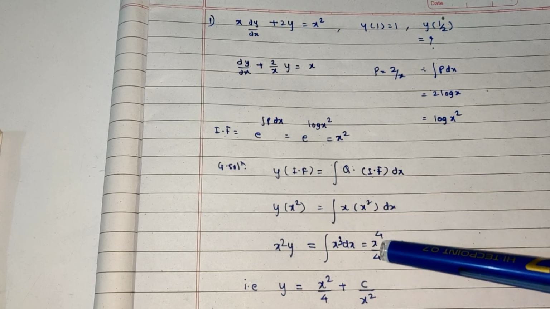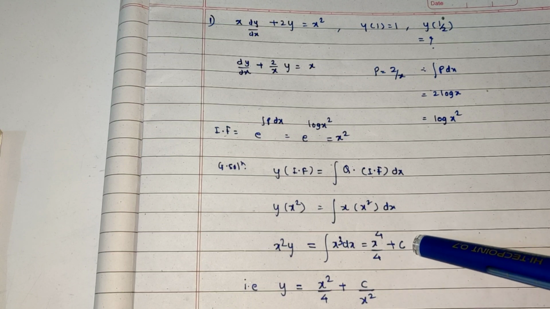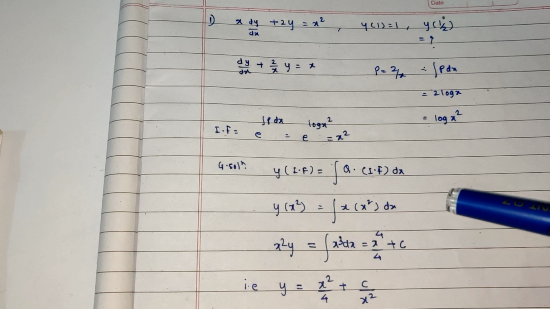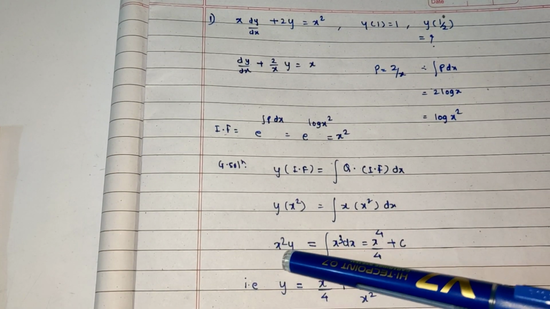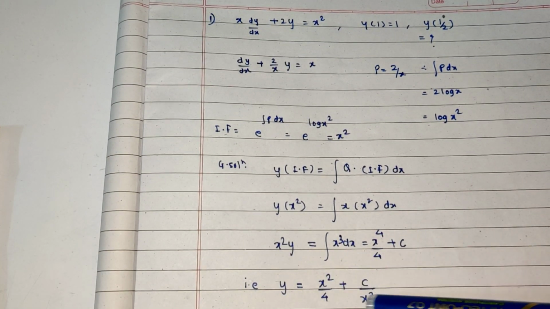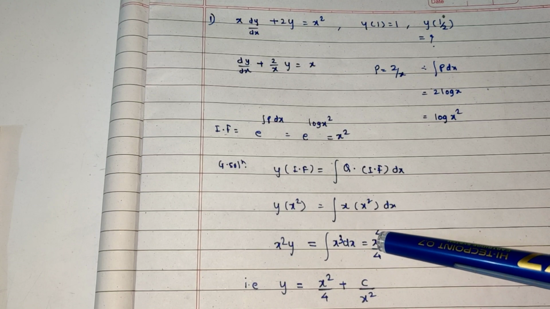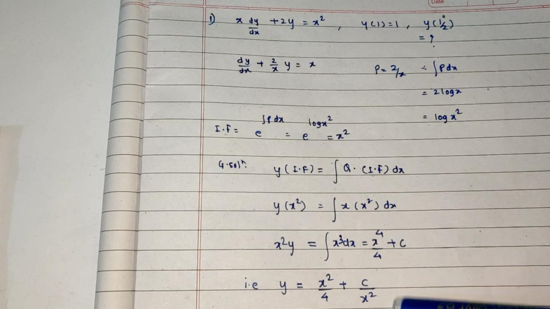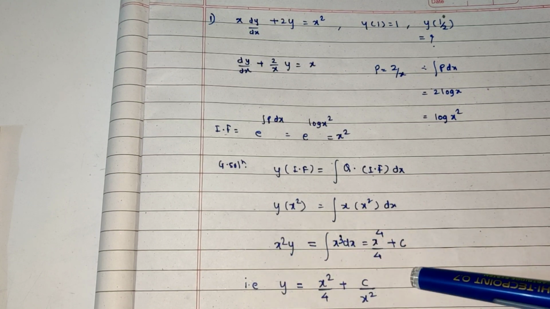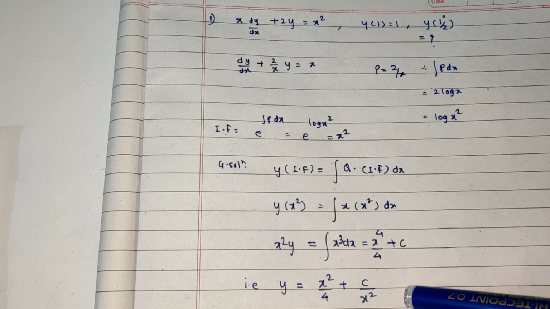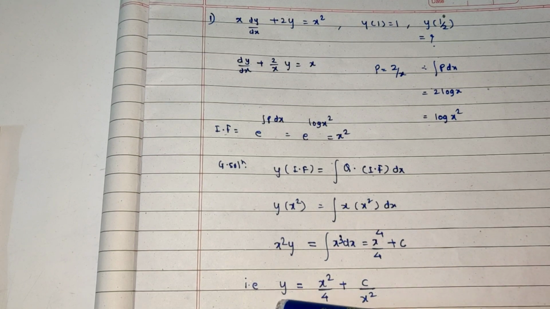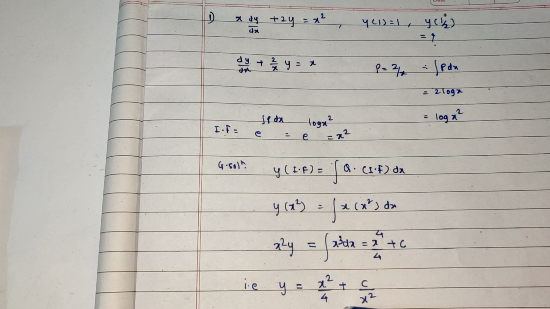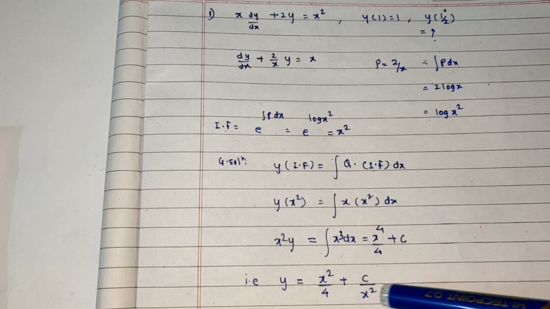Integration of x³ is x⁴/4 plus constant of integration c, so x² y equals x⁴/4 + c. Dividing by x² throughout, we get the equation in terms of y. So y = x²/4 + c/x².